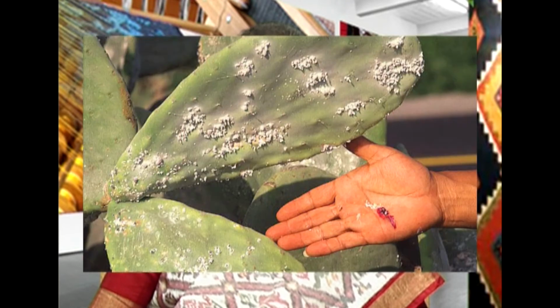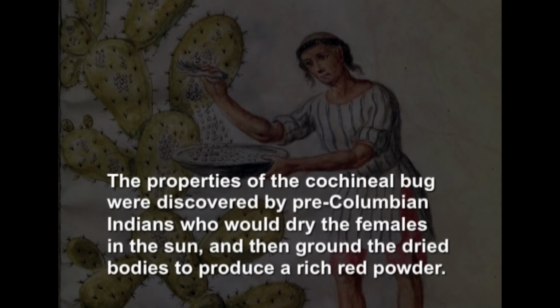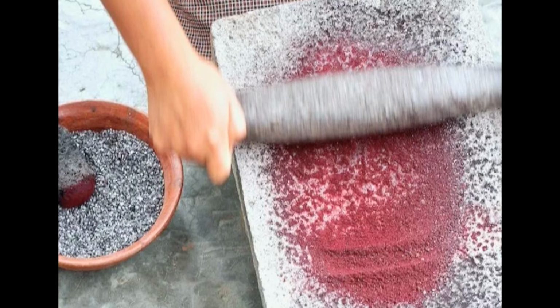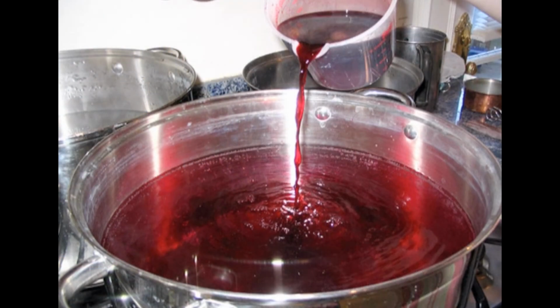A good example is cochineal, which is a brilliant red dye produced from insects living on cactus plants. The properties of the cochineal bug were discovered by pre-Columbian Indians who would dry the females in the sun and then grind the dried bodies to produce a rich red powder. When mixed with water, the powder produced a deep vibrant red coloring.